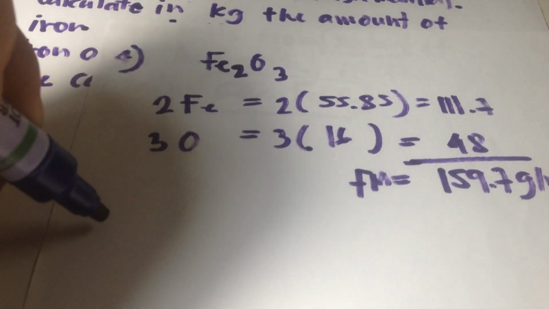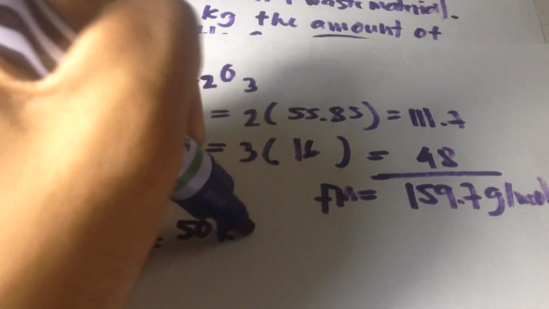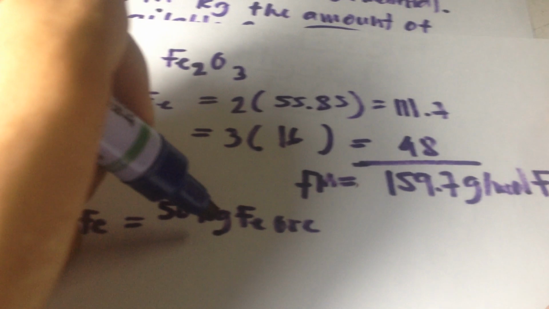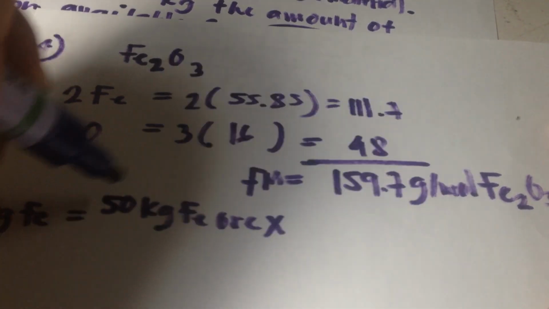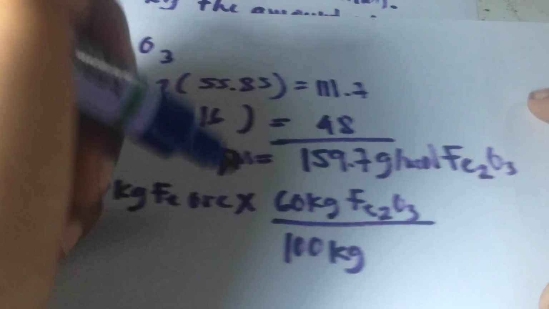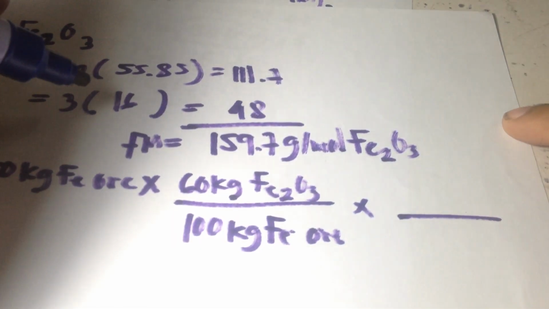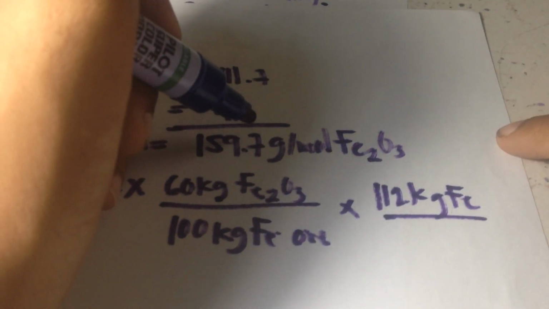Kilograms of iron is equal to 50 kilograms of iron ore times 60 kilograms of iron(III) oxide, so 60% over 100 kilograms of iron ore, times the 112 kilograms of iron divided by 160 kilograms of iron(III) oxide.